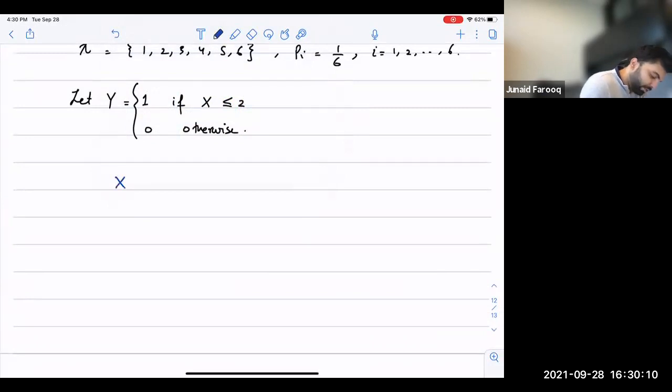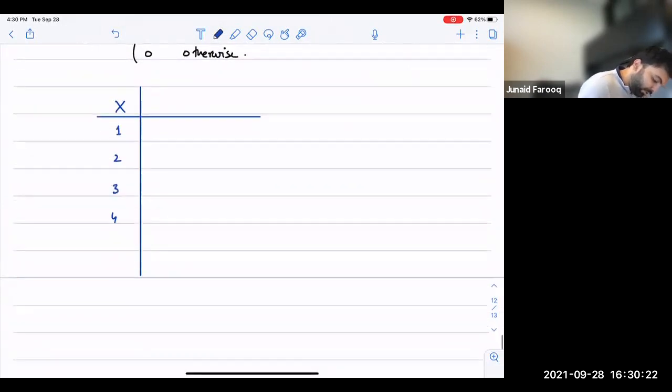So there's X, and it has 6 possibilities: 1, 2, 3, 4, 5, and 6.